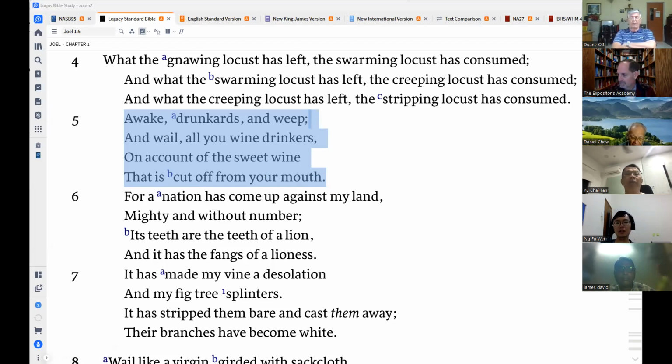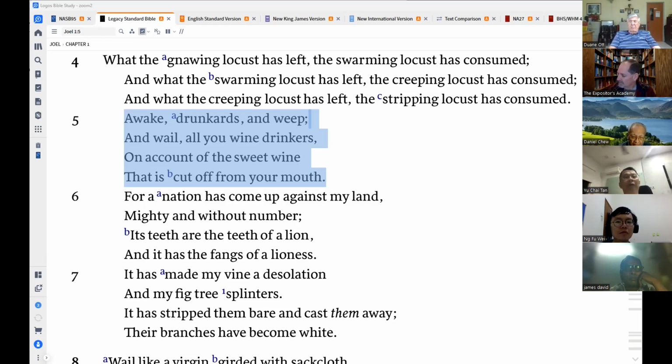The description in verse 4 is of total destruction, the four types of locusts that totally consumed the land. And God is telling the Israelites, by such devastating consequences and judgment, how come they are not awakened to the punishment that has been inflicted on them because of their sin?